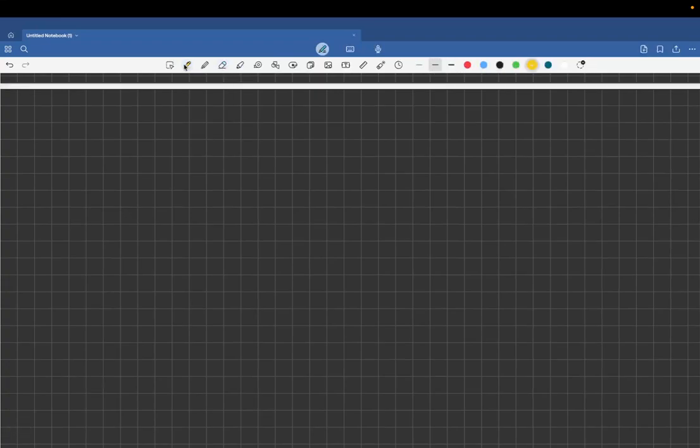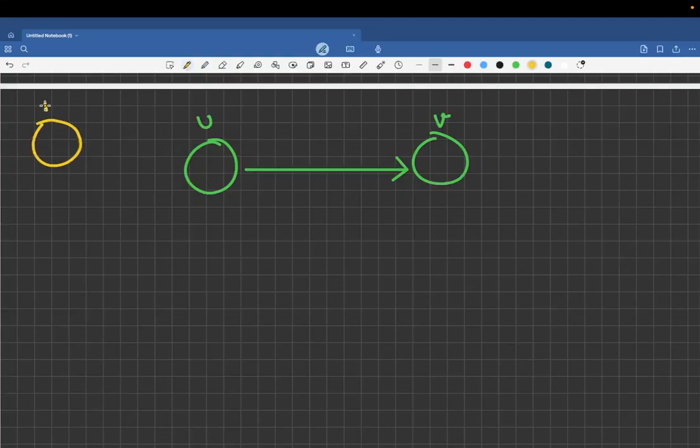To understand that, let's suppose you have two nodes U and V and you have an edge between them. And let's suppose to reach from node 1 to node U, the minimum cost is W1.